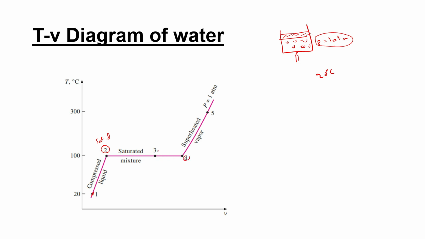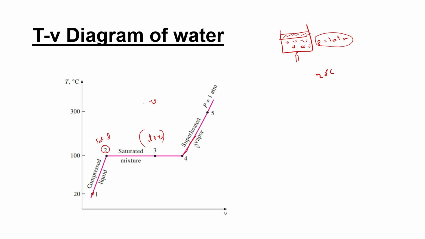Intermediate state is 3, that is a mixture of liquid plus vapor, and this state 4 is the complete vapor state. From 2 to 4 you can see that volume will increase because liquid is getting converted to vapor. So vapor phase has got a more specific volume than the liquid phase.